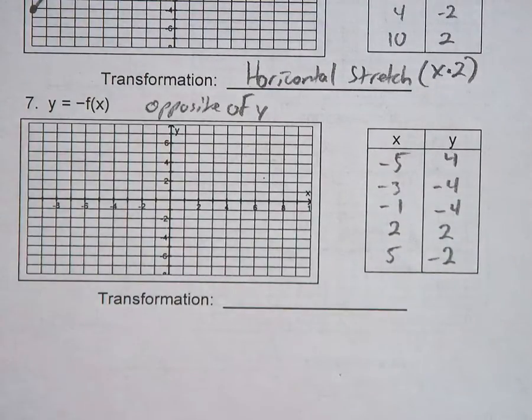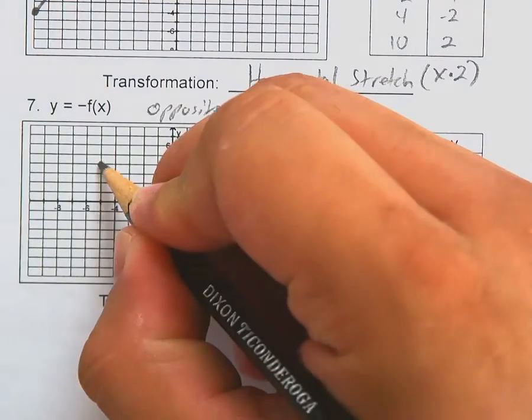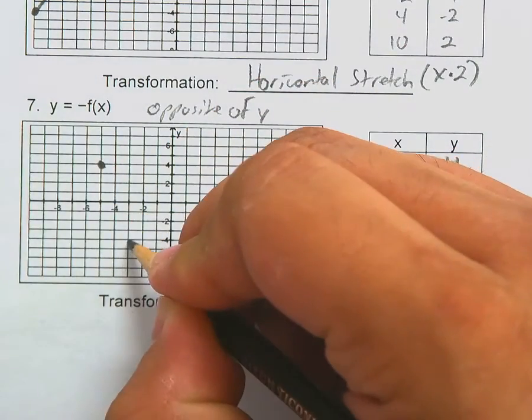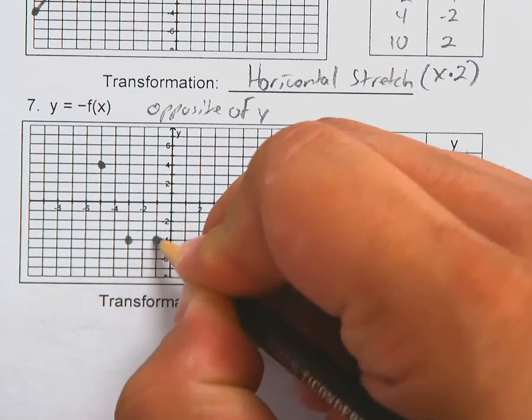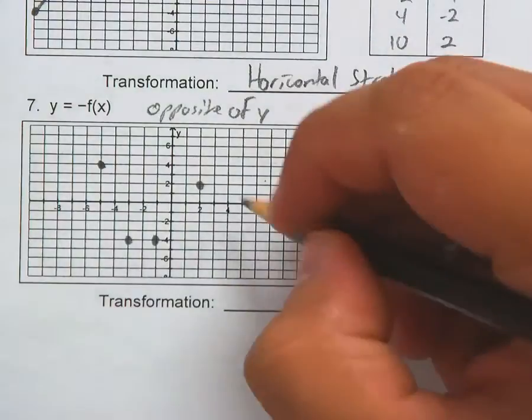Think about what we just did. We just made all of our y's negative. Let's plot this and see what happens. -5, 4, -3, -4, -1, -4, 2, 2, 5, -2.